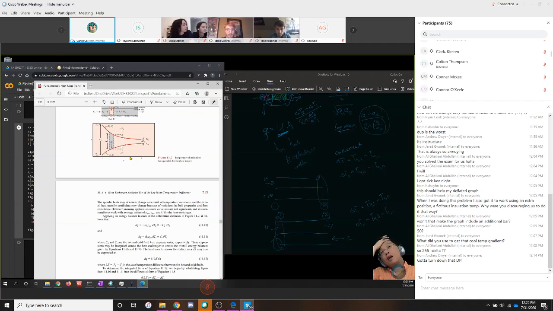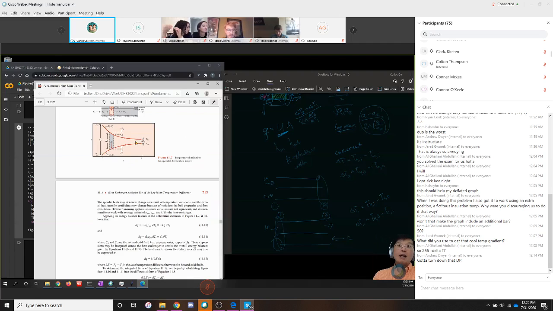So this is the case of a co-current, right? Did you notice what happens here in the case of a co-current? The temperature of the hot stream cannot get to the temperature of your cold stream, because the temperature of the cold stream goes up and the temperature of your hot stream goes down.